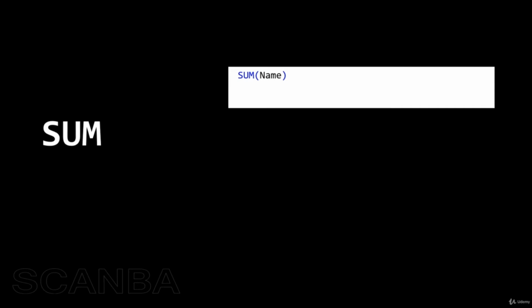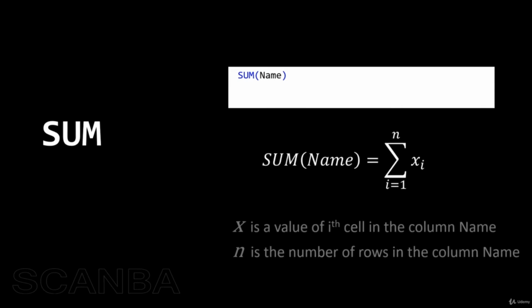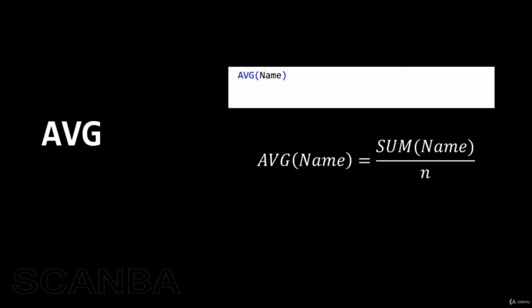The sum of a column returns the algebraic sum of all values in the column. Note here that your values have to be numbers. If your values are stored as characters, you need to convert them to a number format like integer, decimal, real, or other. The next popular function is average. In SQL, average is the algebraic sum of all values in the column divided by the number of rows. Empty rows do not count.